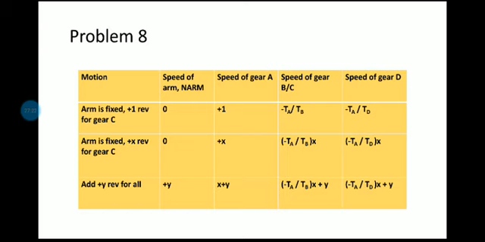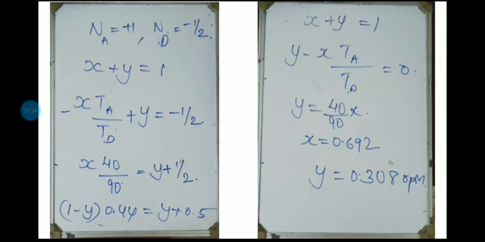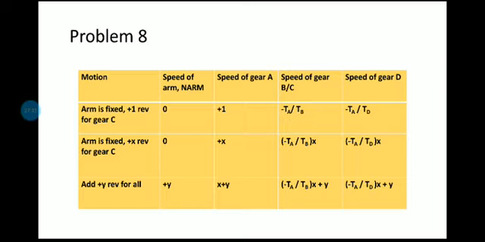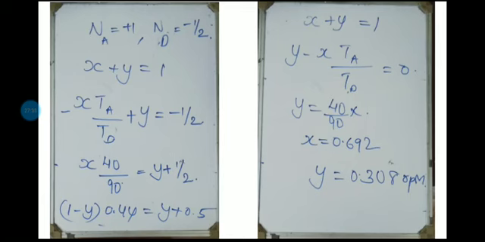Same steps, so you'll get a similar table. Then substitute NA plus 1, ND minus half. So x plus y is your speed of gear A. So x plus y is 1 and minus x TA by TD plus y is minus half. From that you have to find x and y. So your y will be your answer.